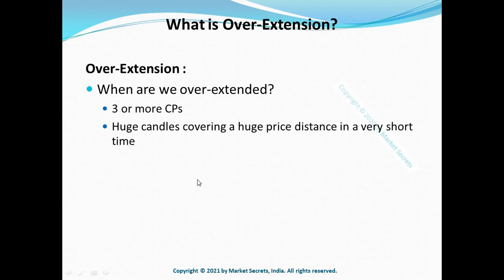Likewise, visually strong up or down moves with huge candles covering a huge price distance in very short time compared to other candles. And if that had happened, we are overextended. And lastly, the price rallying indefinitely, creating a series of CPs and valleys and peaks. If this had happened, then we are in overextension.